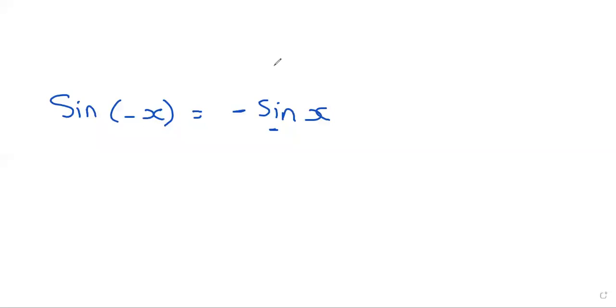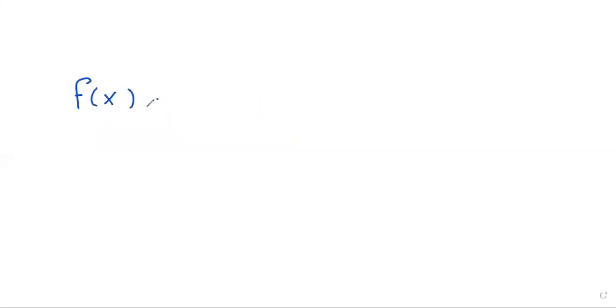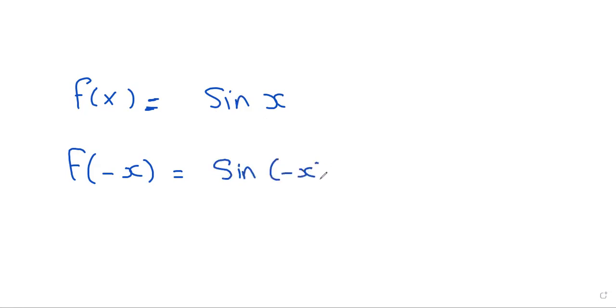So if I have a function like f of x equals sine x, and I want to check if this function is even or odd, we will find f of negative x. So f of negative x is sine of negative x. I substituted minus x instead of x.